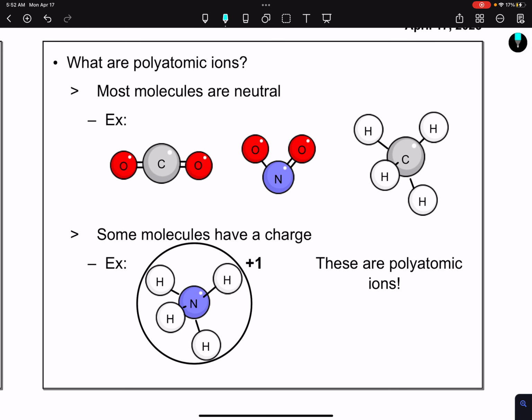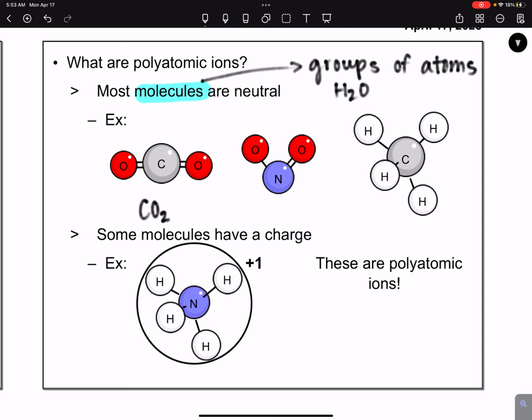So when we talk about molecules, we're talking about these groups of atoms that are bonded together. We've seen lots of examples of molecules before. My favorite being water, or dihydrogen monoxide, is an example of a molecule. But we've got three examples pictured here. The first one is carbon and two oxygens, which is commonly known as carbon dioxide.